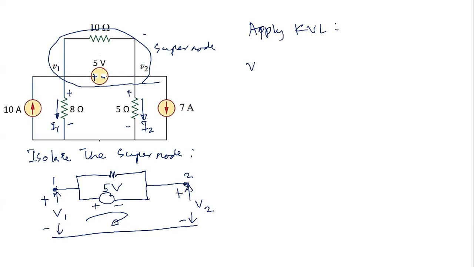So we have V1, and then minus 5, minus V2, that's equal to 0. Okay, then we have V1 equals 5 plus V2, and this is our equation 2.